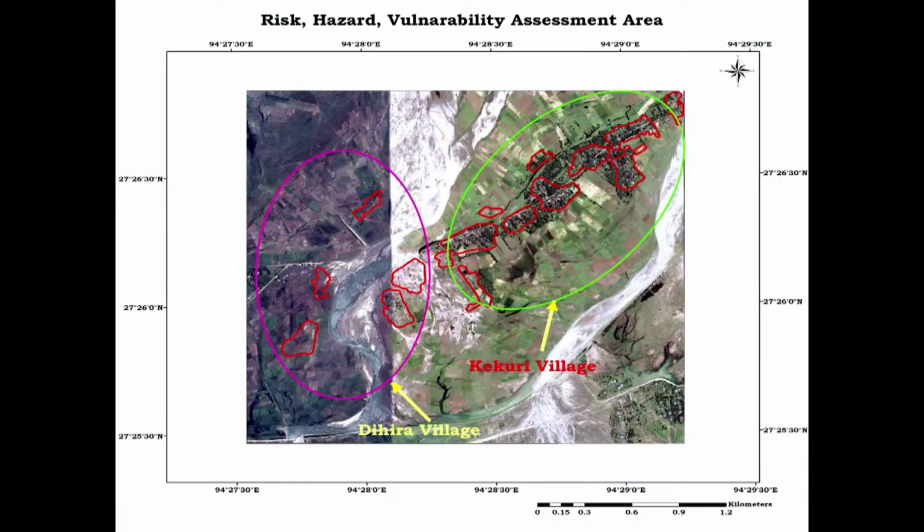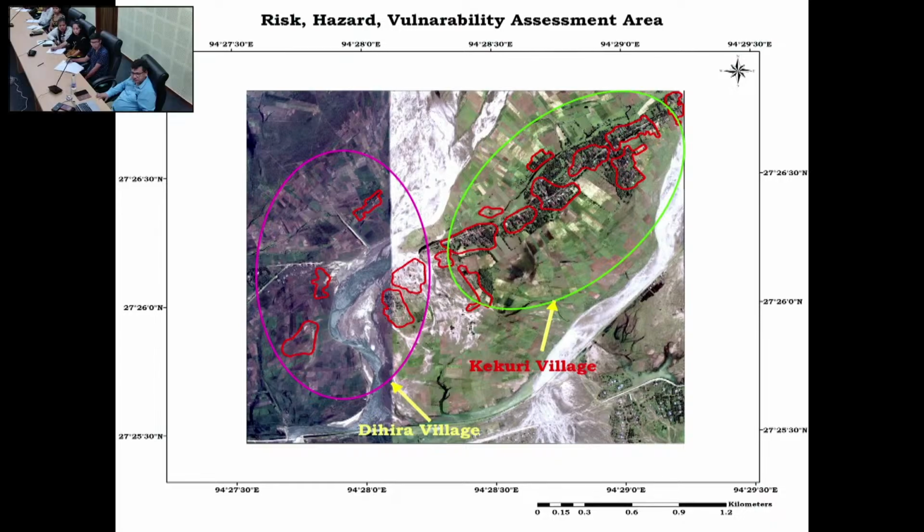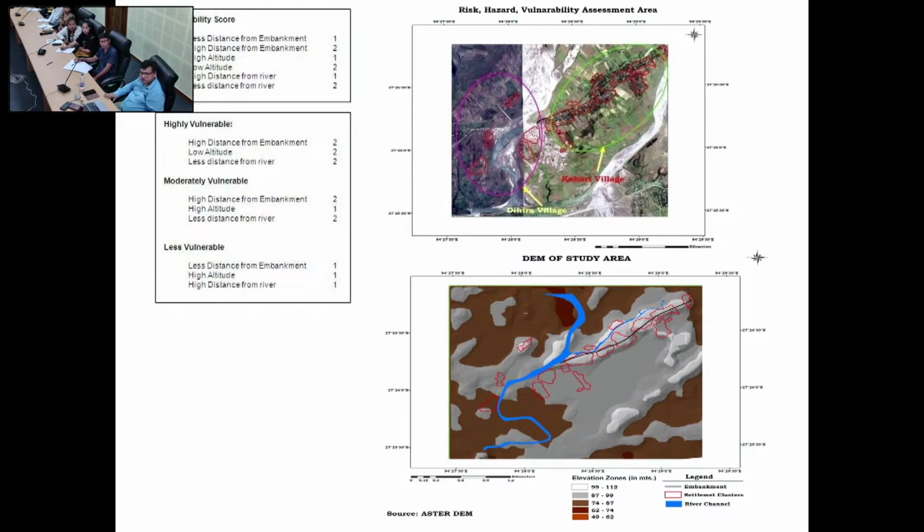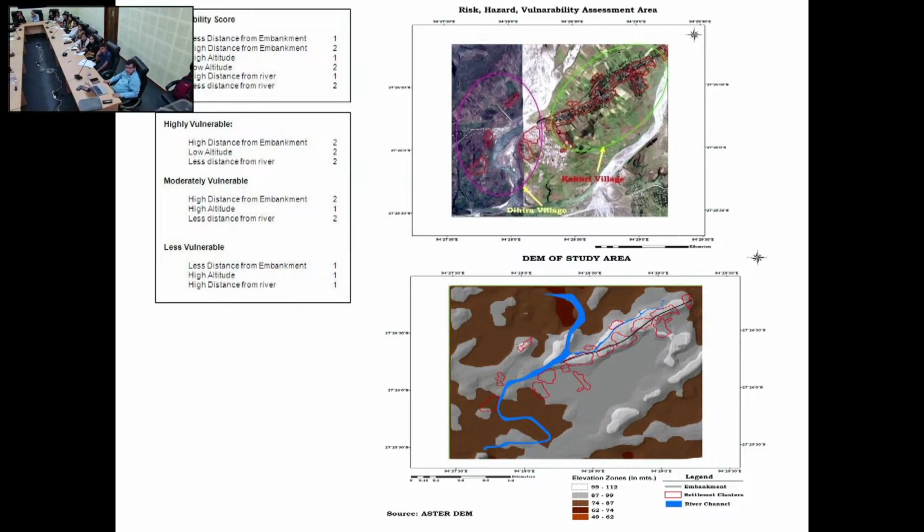This is important. These are the polygons showing human settlements, and this is the river. Some embankments are also there, and the agricultural patches. Based on some ranks, we prepare the vulnerability as high, moderate, or low. We have also used DEM, digital elevation model, because the area is a flat plain.